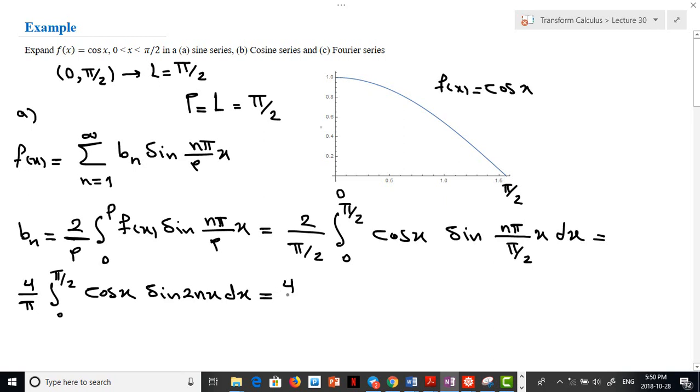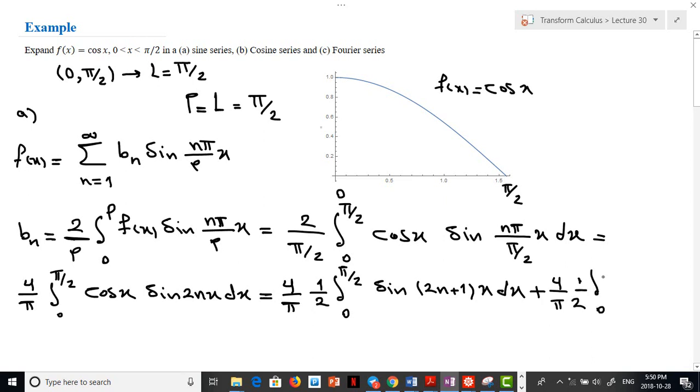So we have 4 over pi times half the integral from 0 to pi over 2. Sine a cosine b is sine(a plus b) plus sine(a minus b). So we have sine of (2n plus 1)x dx, plus 4 over pi times half the integral from 0 to pi over 2 of sine of (2n minus 1)x dx.